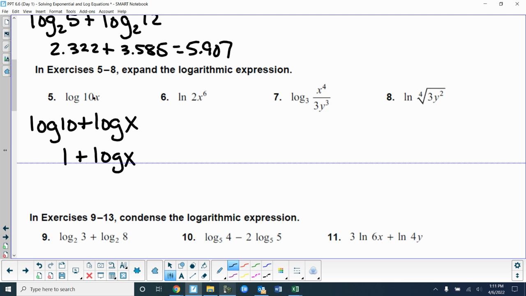Okay? Remember, this is multiplication here, right? So it's natural log of 2 plus natural log of x to the 6th. What am I supposed to do with that 6? Put it out front. So natural log of 2 plus 6 natural log of x. Done.